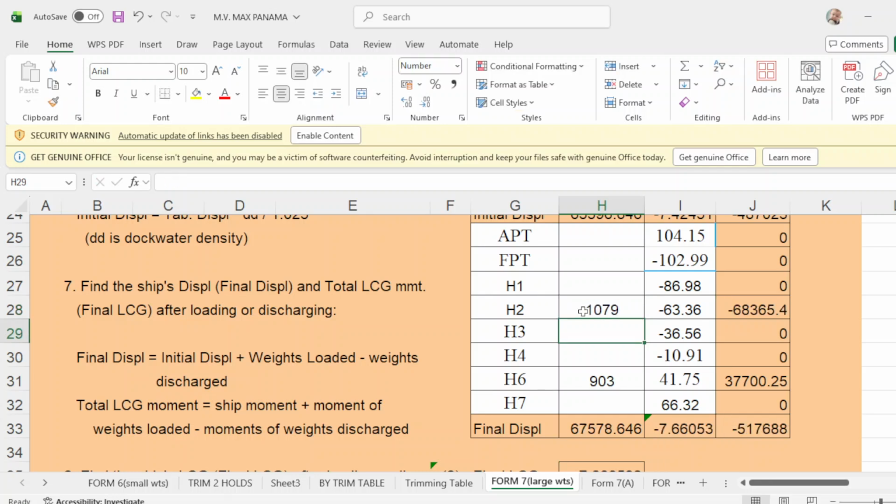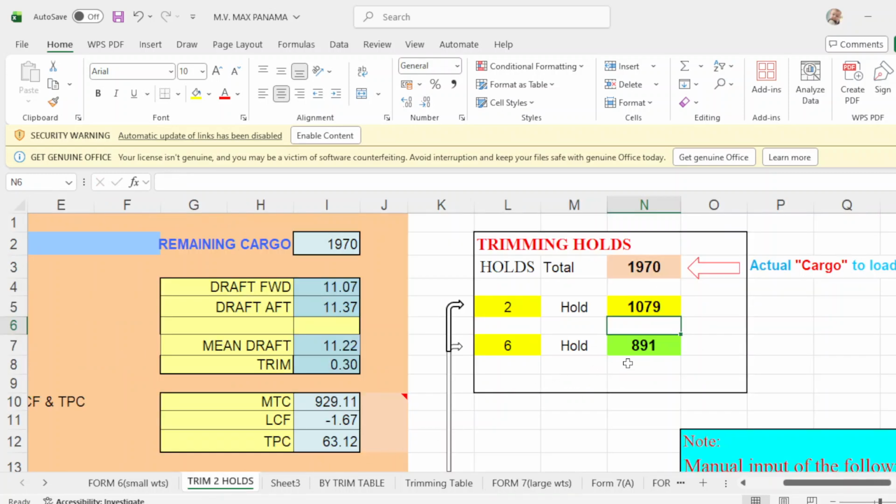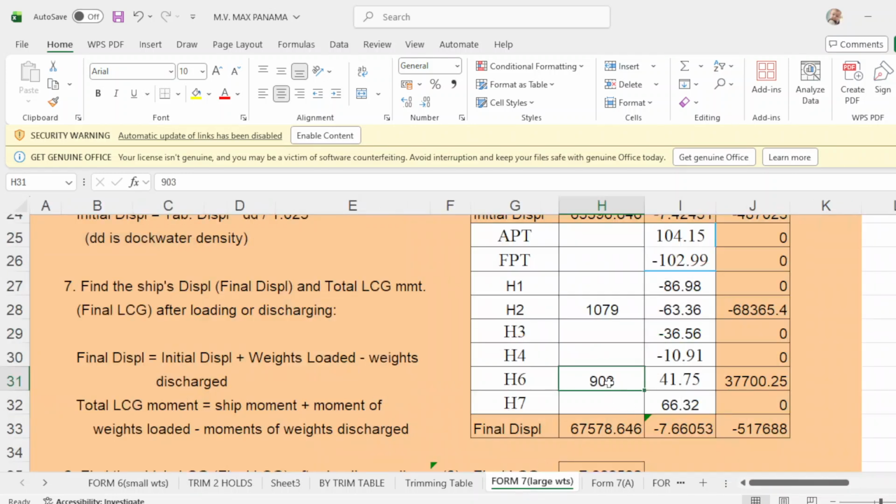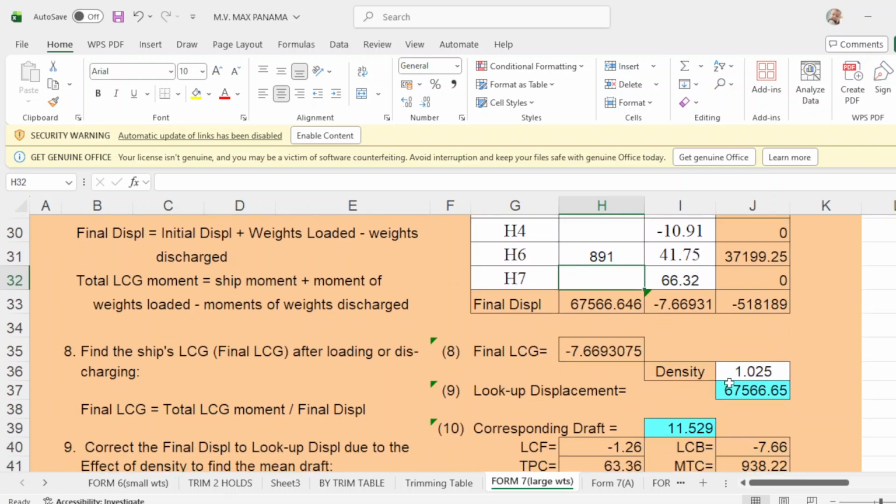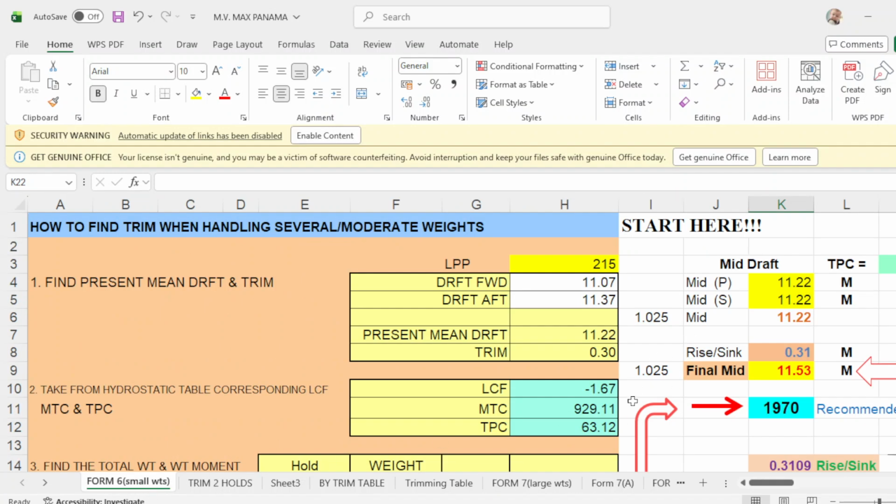1079 in number 2, and number 6, how much in number 6? 891. So you put 891, and you put your density 1.025, which is the same as here.